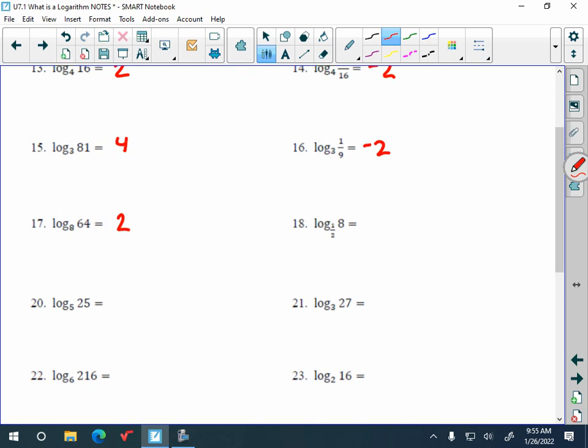But we know that 1/2 to the third is 1/8. So how do we get it to be 8 then? Okay. So again, you can just change it to an exponential equation.